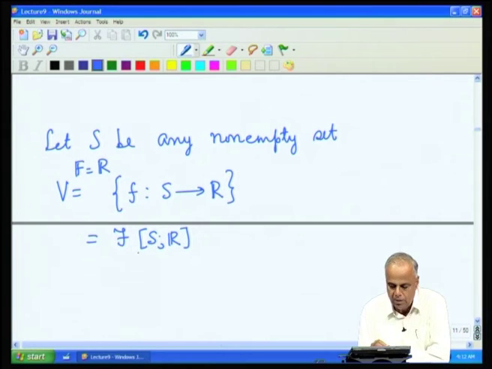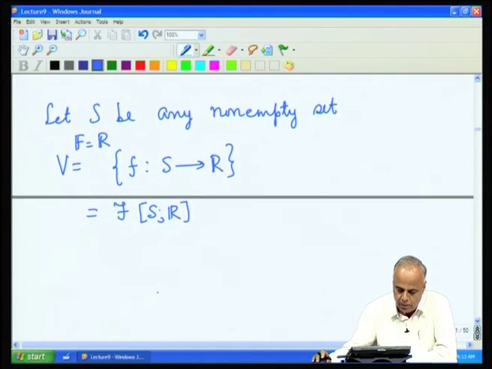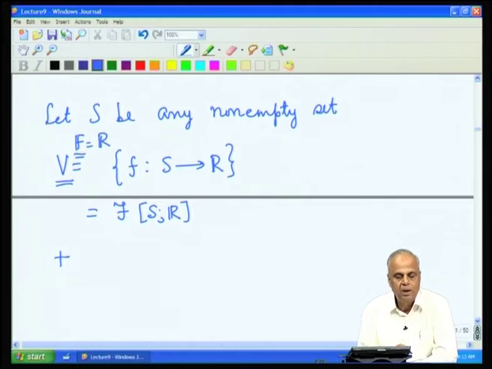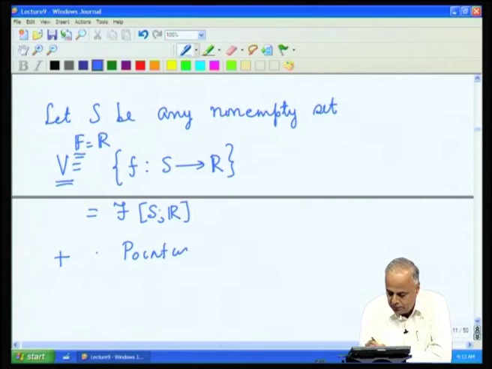So, this is the collection of all functions with domain S, and the values taken are real numbers. So, we have now the set V, and we have the field. Do we have the plus? Well, if we take two functions, we have seen what is meant by pointwise addition.